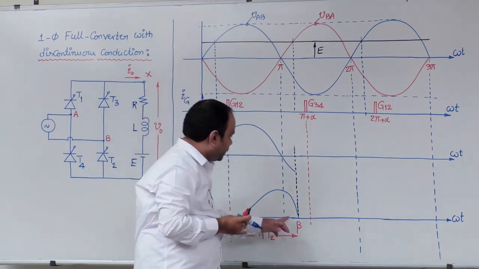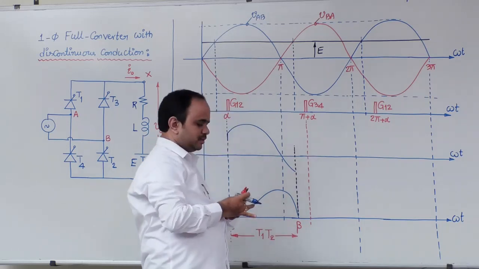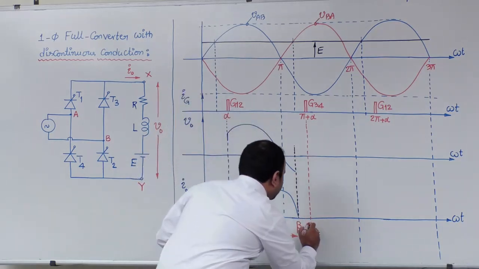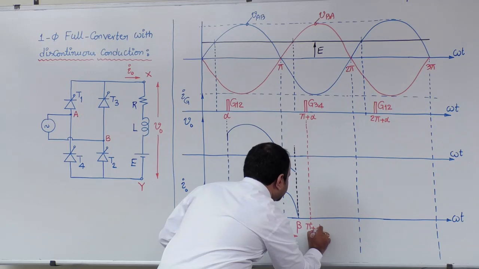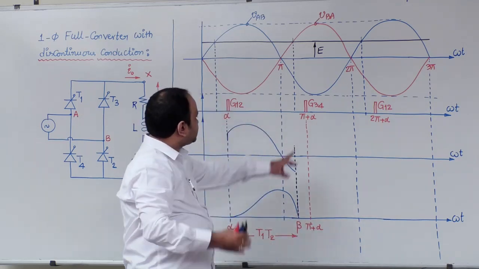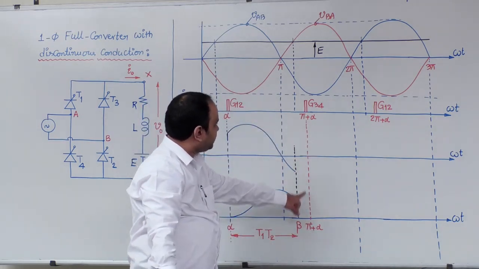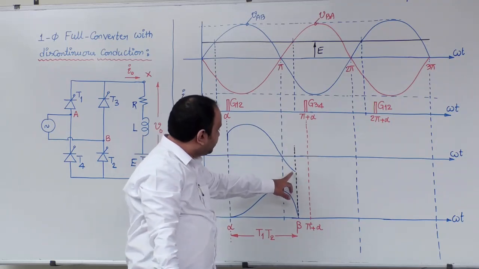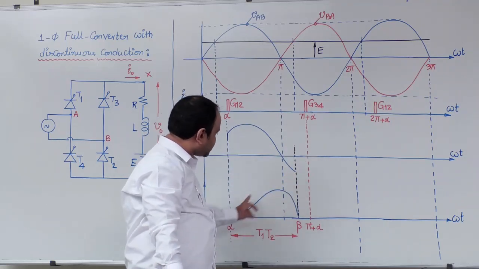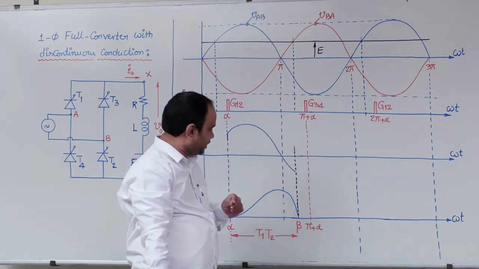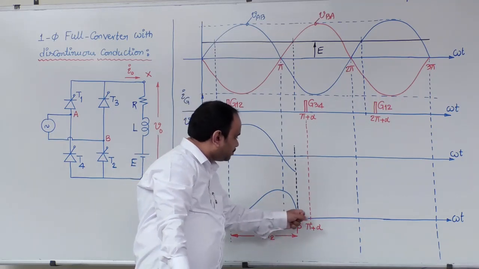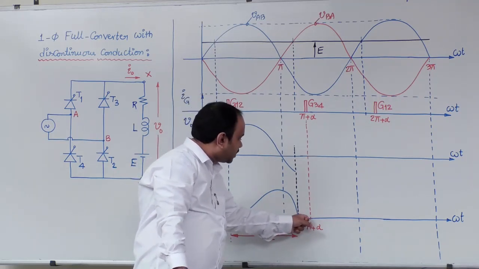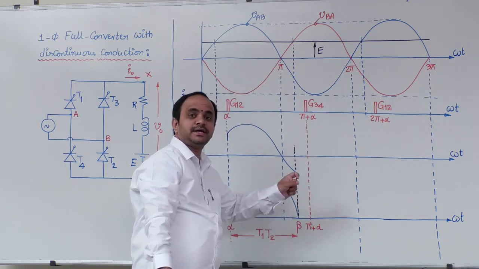Next, beta to pi plus alpha. Okay, this is pi plus alpha instant. The next pair is starting from pi plus alpha. Now beta, at beta the first pair is turned off. Now my question is, from beta to pi plus alpha, what are the devices that are in conduction?